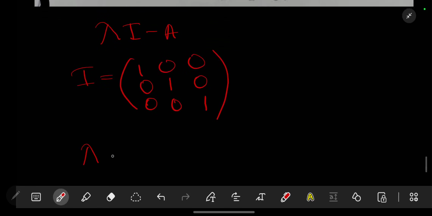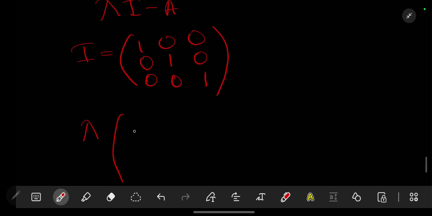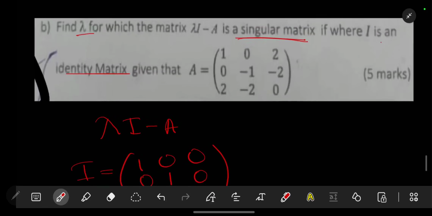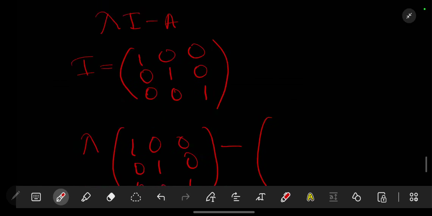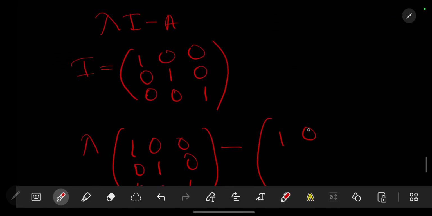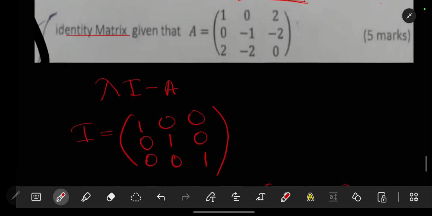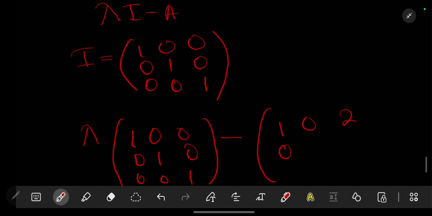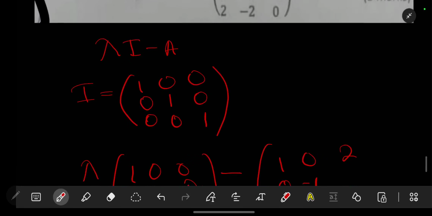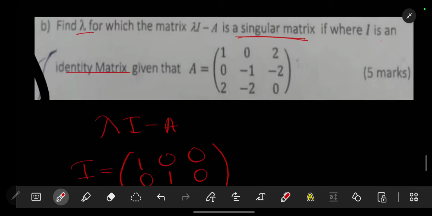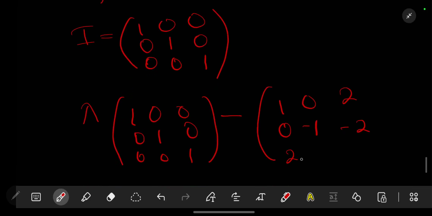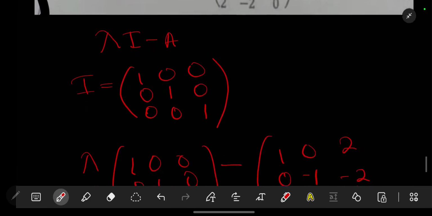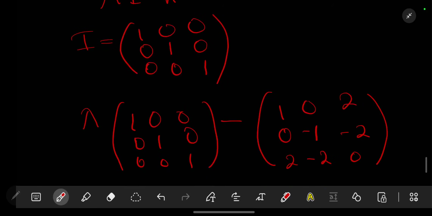So we have lambda times the identity, which will be 1 0 0, 0 1 0, 0 0 1, minus A. What is your A? Your A is 1 0 2, then 0 negative 1 negative 2, then 2 negative 2 0, like that.